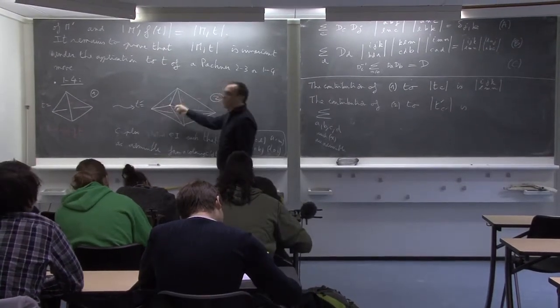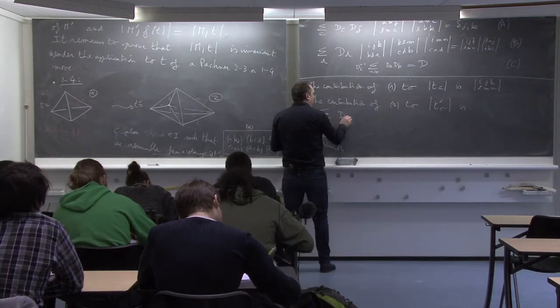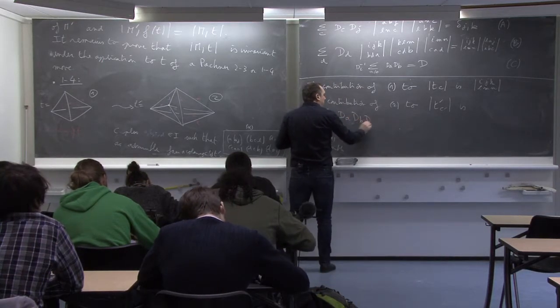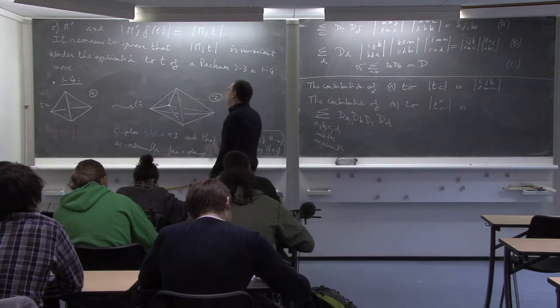So we have the product of the colors of the interior edges, D A, D B, D C, D D, and of the tetrahedra.